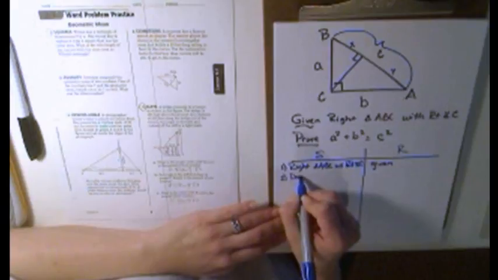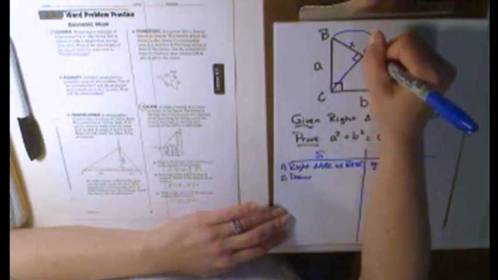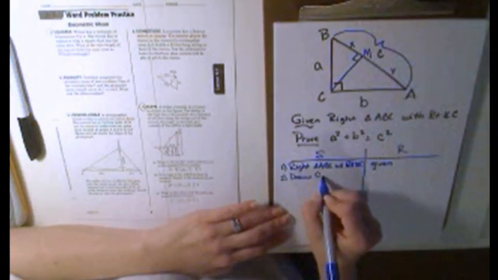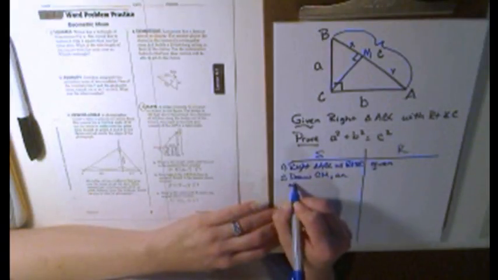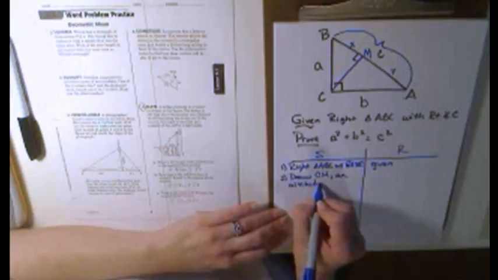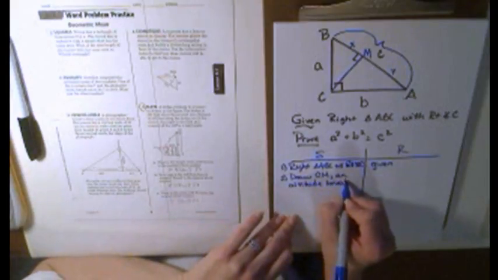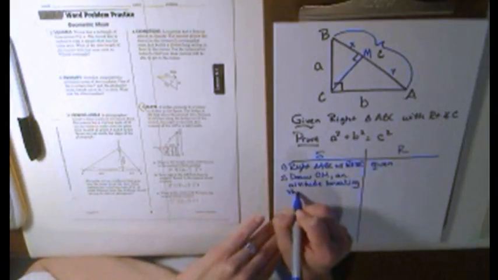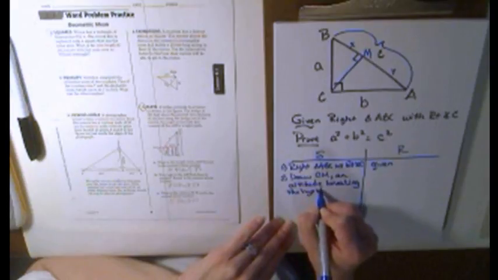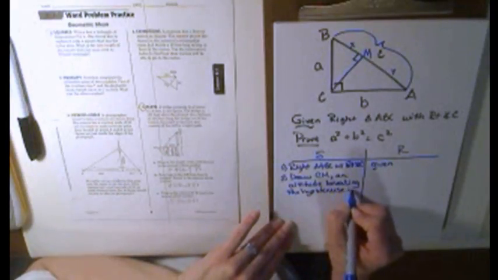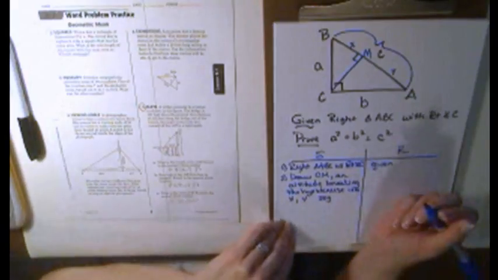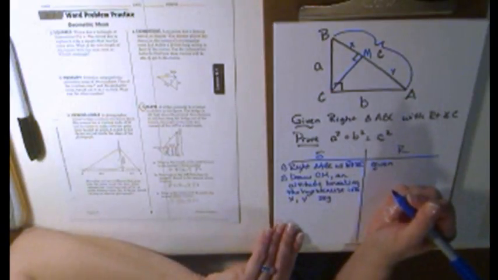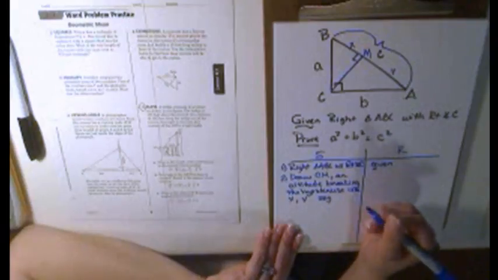To draw C, let's just call this M. Breaking the hypotenuse into two segments. I'm labeling the segments with one letter instead of two because it just makes everything so much easier to see.